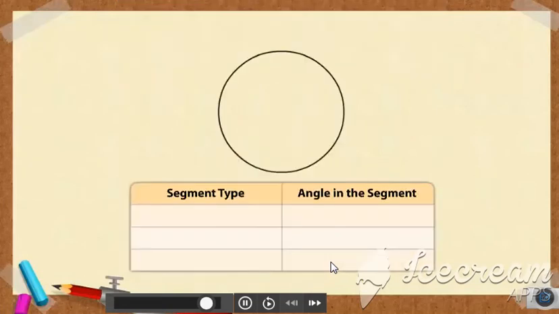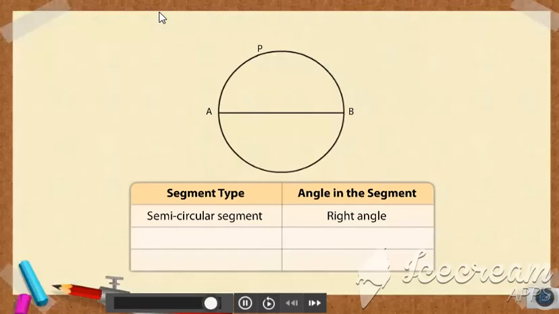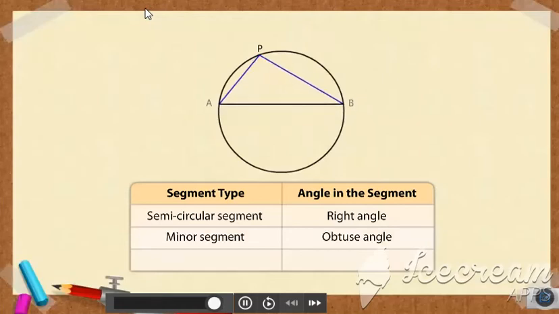Let's understand how the measure of an angle inside a segment of a circle is related to the size of the segment. We just saw that the angle in a semicircular segment or a semicircular region of a circle is a right angle. As the size of the segment decreases, we see that the measure of the angle increases.